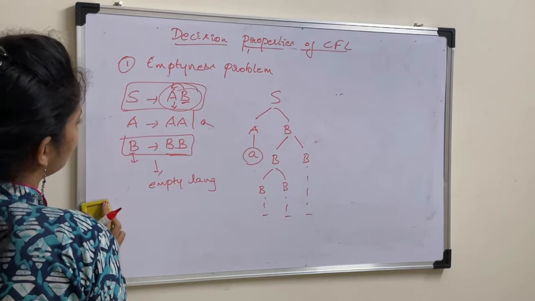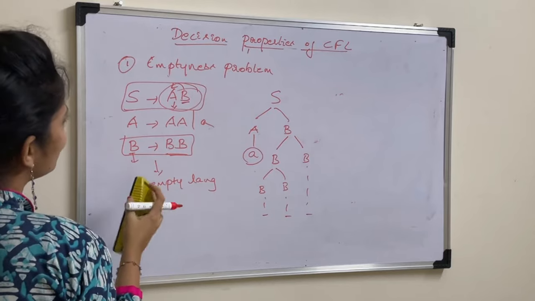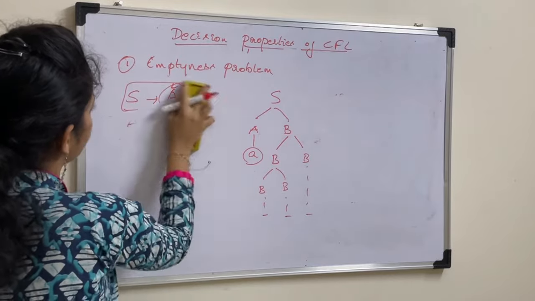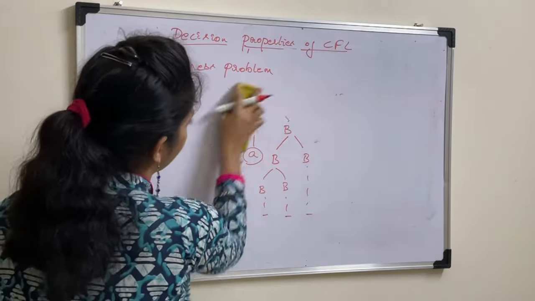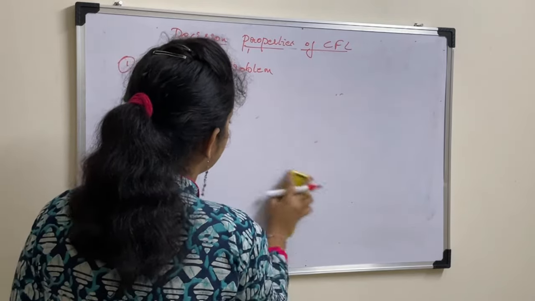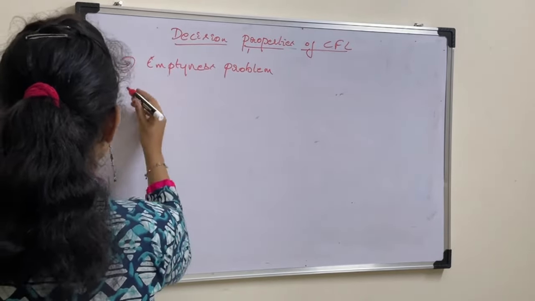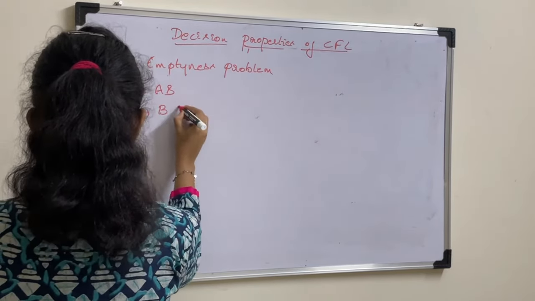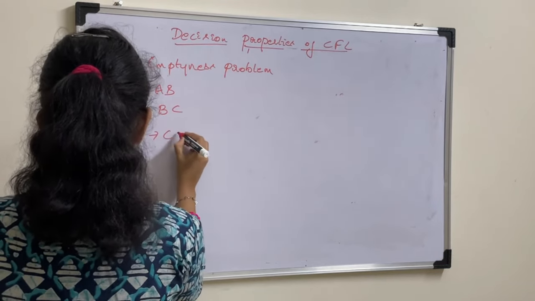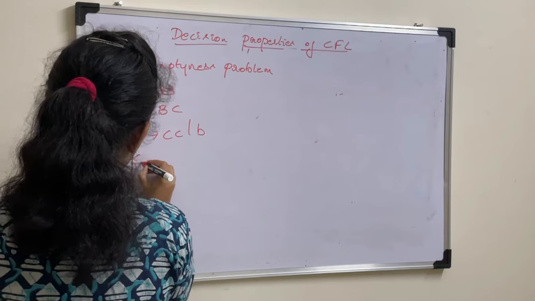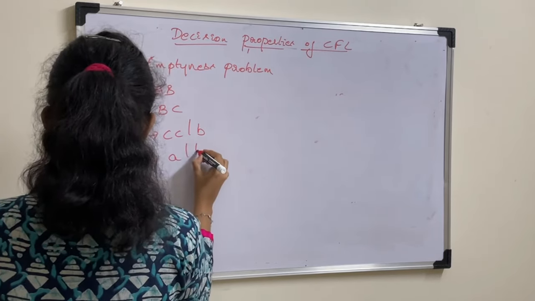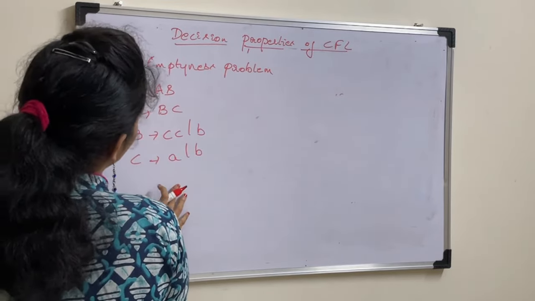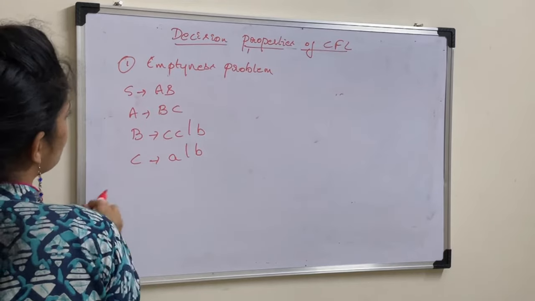We'll take one more example which is not an empty language. Let S derive AB, A derive BC, B derive CC or b, and C derive a or b. Say we have some grammar like this; then again we need to check for useless symbols.